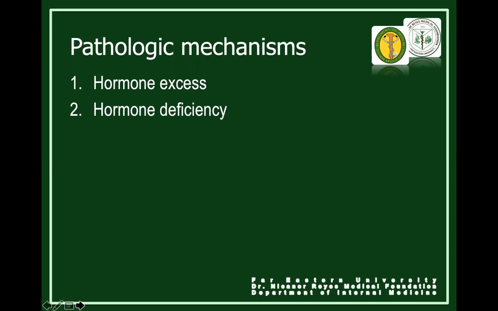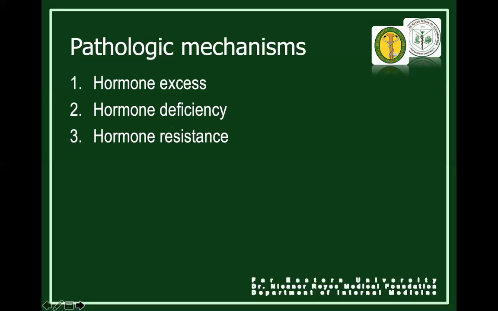Now for hormone deficiency, so its function of the hormone, if there is, let's say, a suppression or you have your releasing or your stimulating factors taken out, then a lot of times it will lose its function. And the last one is hormone resistance.